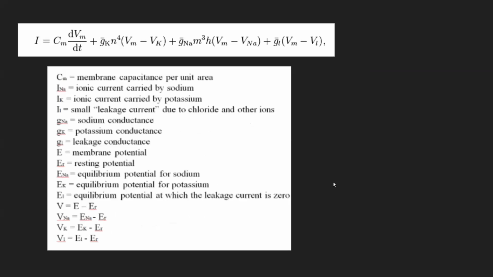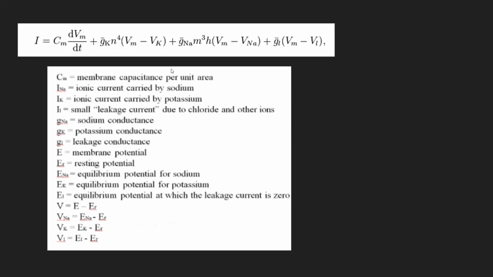In this equation, Cm is membrane capacitance per unit area. I sodium is the ionic current carried by sodium. Ik is the ionic current carried by potassium. Il is a small leakage current due to chloride and other ions.